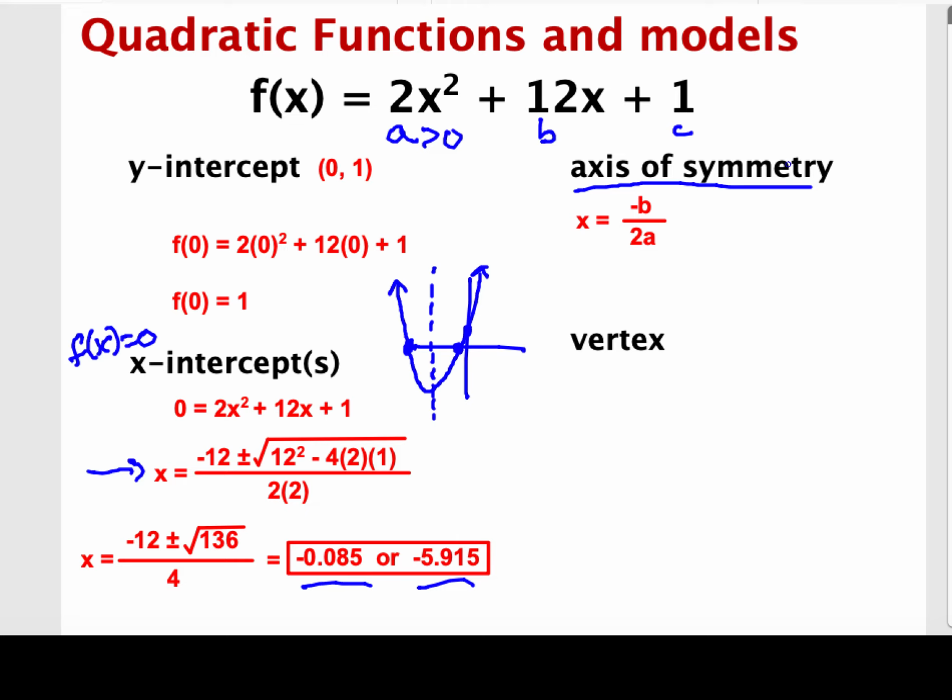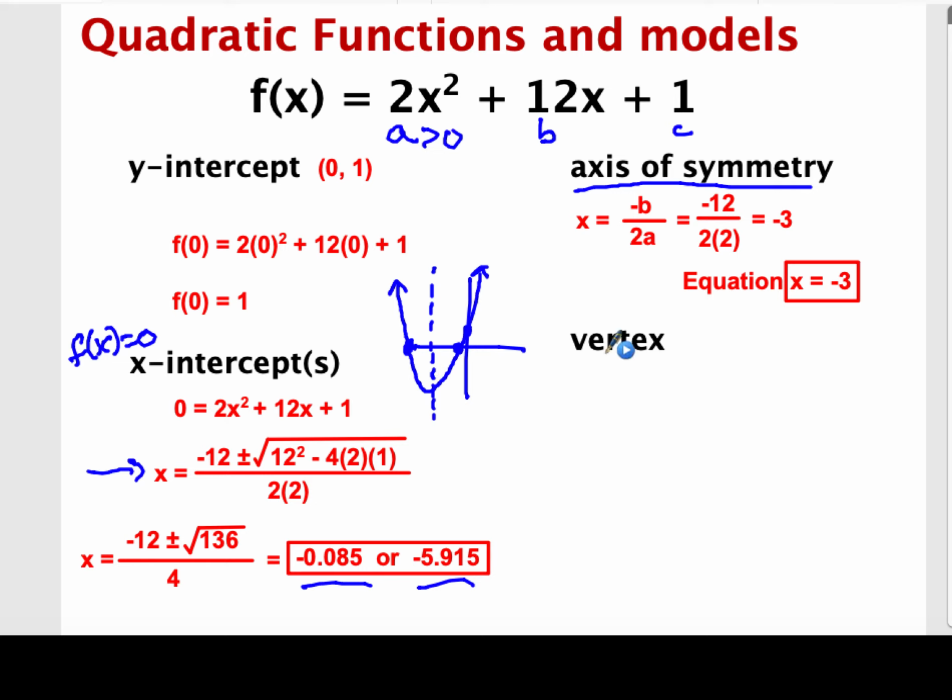If you think about that common denominator and averaging them together and dividing by 2, we get a nice shortcut, negative b over 2a, the quadratic formula without the square root portion in it. In that case, we can toss in b being 12 and a being 2. Negative 12 over 4 is negative 3. And remember, it's a vertical line on our graph over here, so the equation would be x equals negative 3.